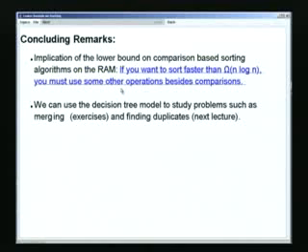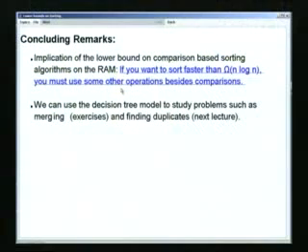In fact, let me say in conclusion that we can extend this decision tree model. So I want to go to my second concluding remark, which is to say that the decision tree model can be used to study other problems as well, not just sorting. In particular, it can be used to study merging problems, which you might think of as very similar to sorting. It can also be used to study problems like finding duplicates.